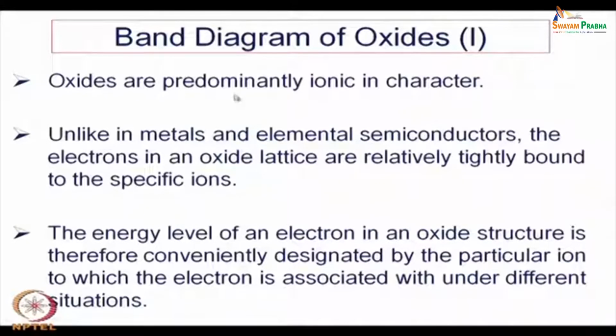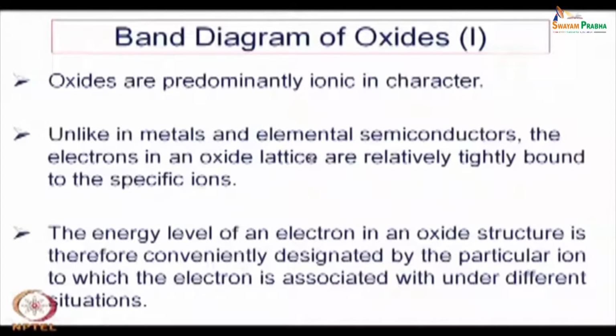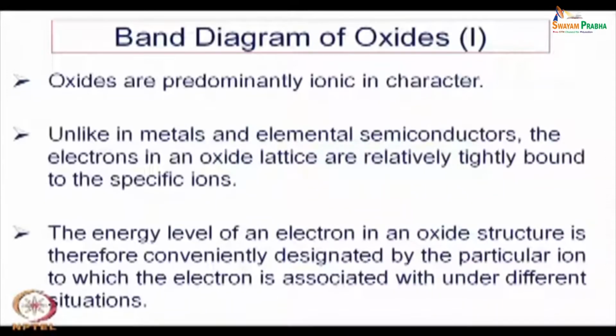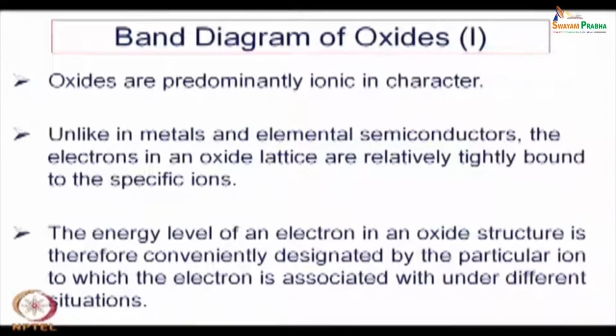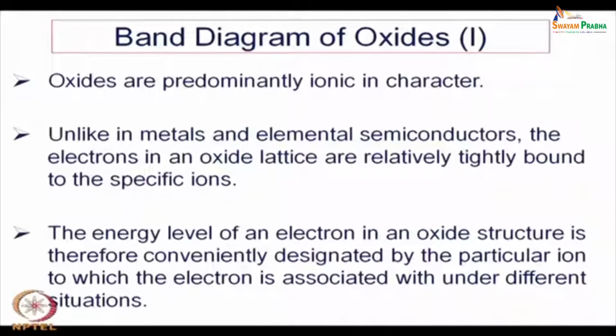Oxides are predominantly ionic in character; the chemical bond is mostly ionic. Unlike in metals and elemental semiconductors, the electrons in an oxide lattice are relatively tightly bound to specific ions because of the strong interaction: you have an ion core that is strongly positive and electrons that are strongly negative, or there will be cations and anions.